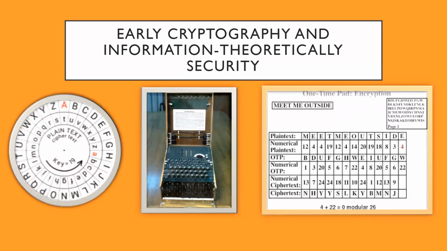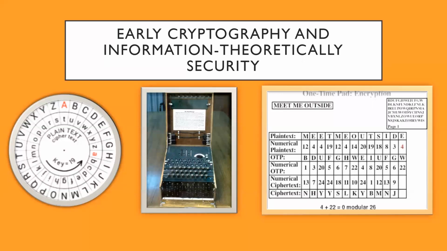The moment that you know some statistics of the message, for example, that all the messages start with Ave, or that in English the most common letter is E, you can check what is the most common letter in your message and just calculate the key in that way.